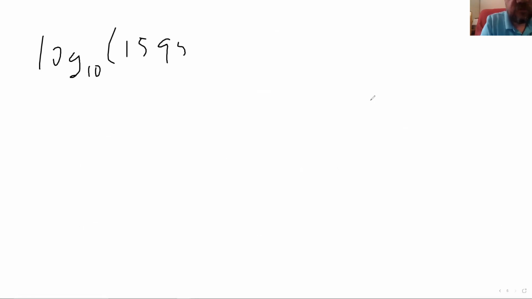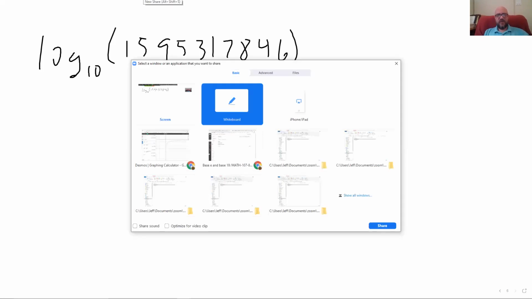And I guess I will try it: log base 10 of 159531784369. I can actually estimate that pretty quickly. It looks like that's about 10. Let's do that in Desmos and see what it gives us. Oh, I should have done something smaller.